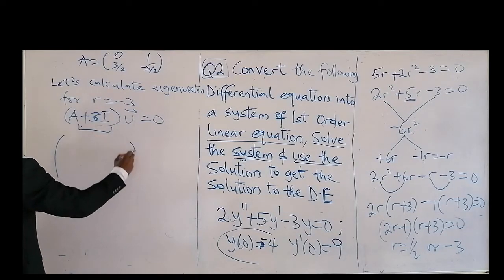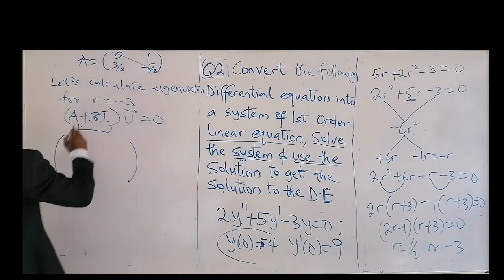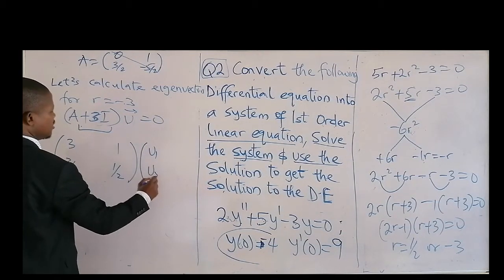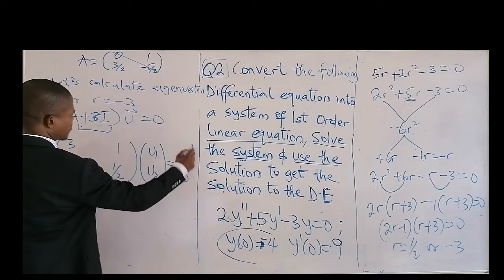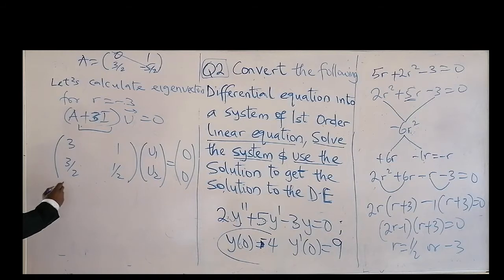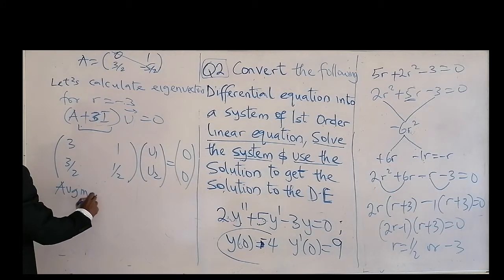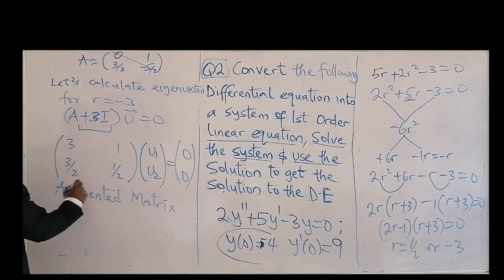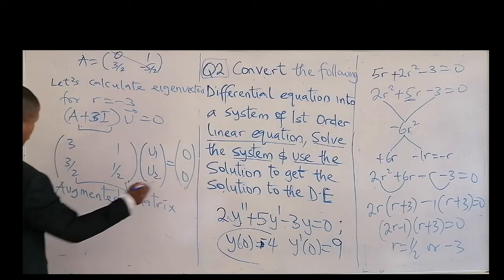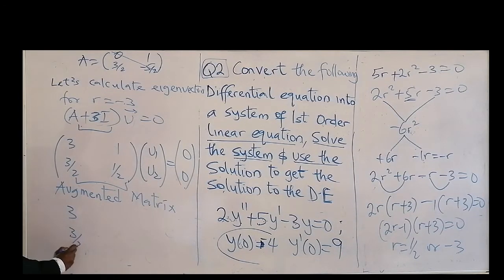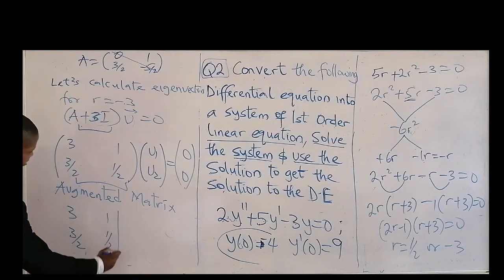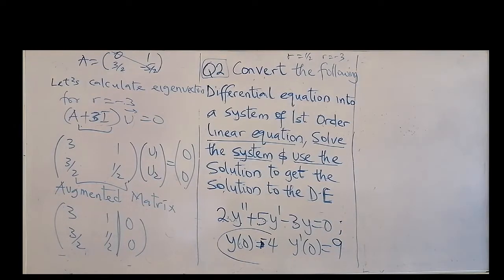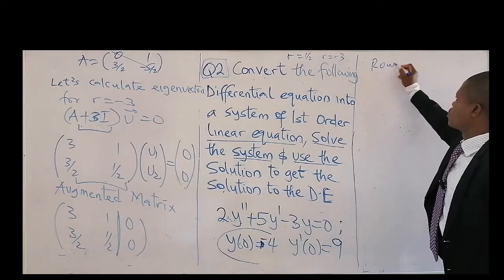Just go back to your matrix: the leading diagonal plus 3 is the 3 here, 1 here. This times u1, u2 equals 0, 0. Then the augmented matrix will be a combination of this matrix and this one: 3 over 2, 1 over 2, then a line, 0, 0. That's the augmented matrix.